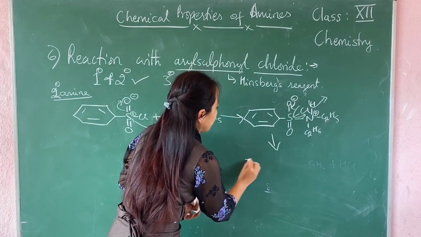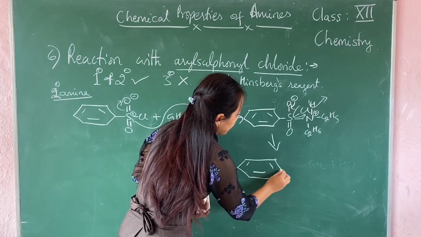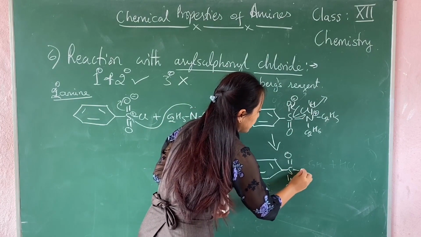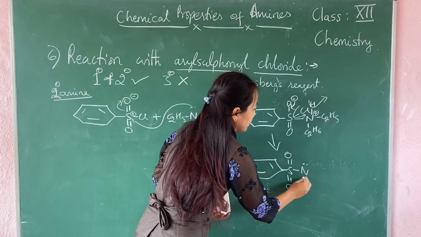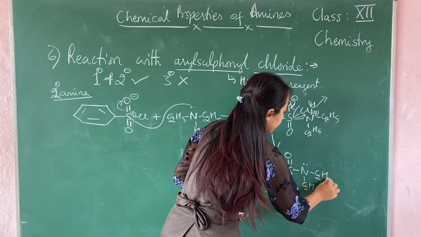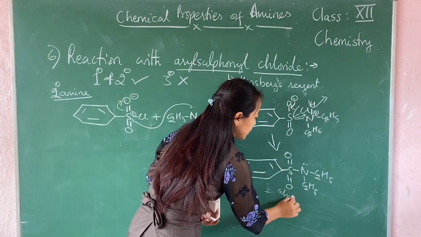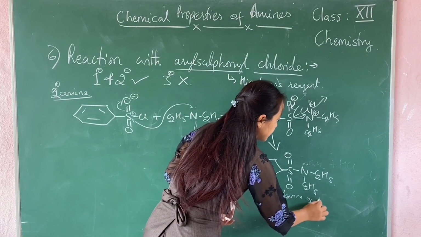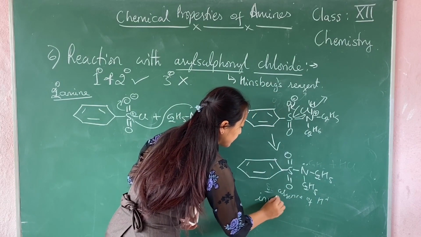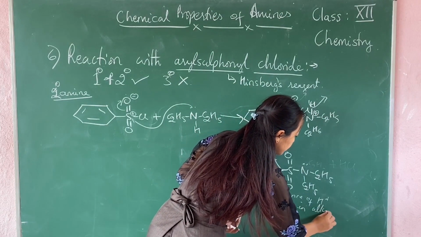And the product formed will be S double bond O, and the lone pair of electrons is back, C2H5. Now here there is absence of acidic hydrogen, absence of H plus, due to which it is insoluble in alkali solution.